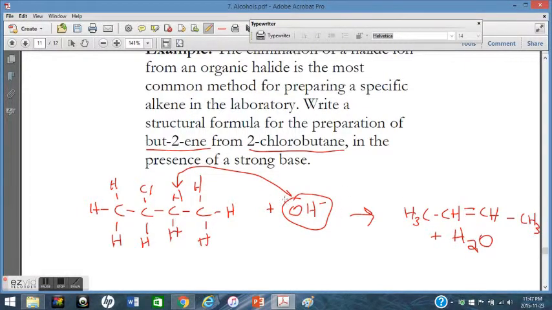Right, so that's the OH grabbing onto that hydrogen, plus Cl minus.